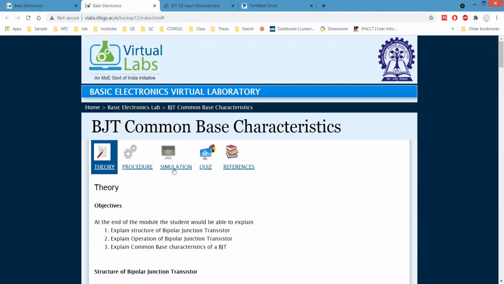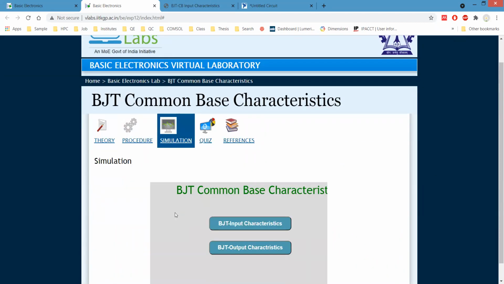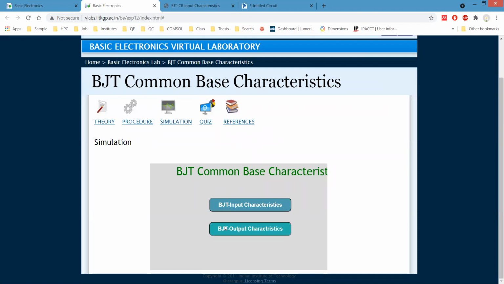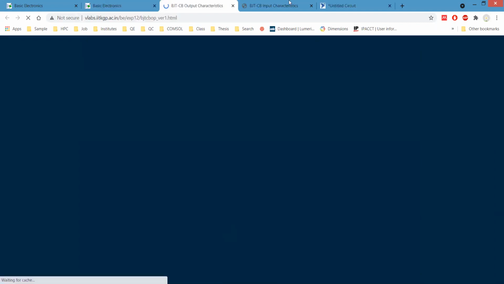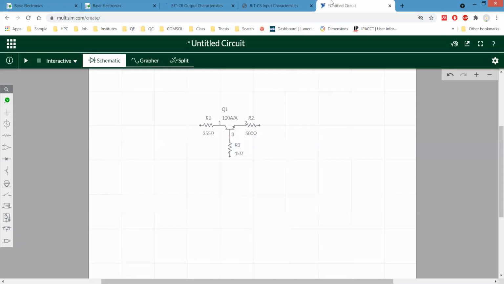We have done only our input characteristics from here. After that we will do the output characteristics.